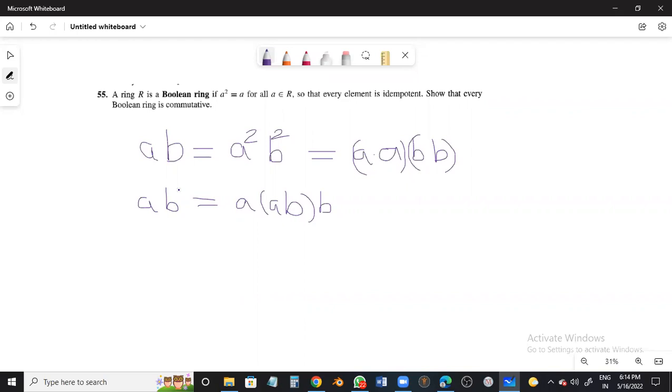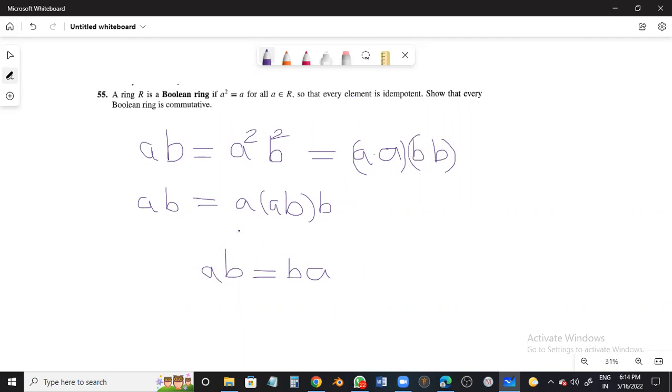Would you try? Please try in your notebooks. What we want to show is AB comes out to be BA. How will you proceed? This is our requirement. What we have is, it's a Boolean ring, means every element is idempotent. That is the only knowledge with us. And we want to show that the multiplication proves to be commutative here.